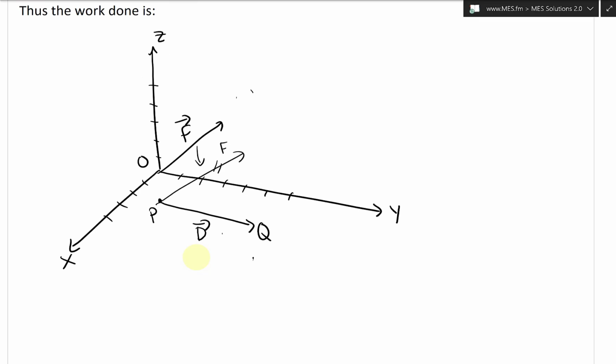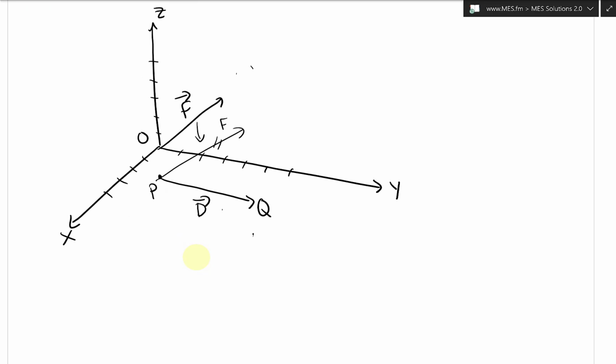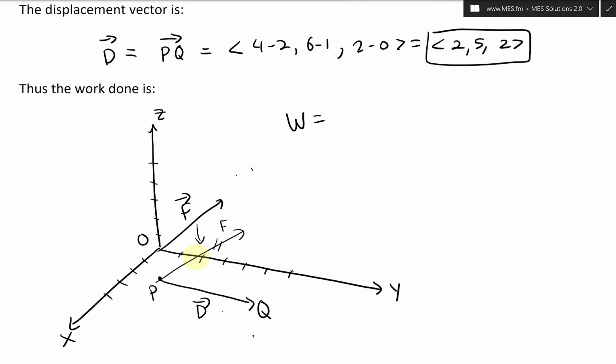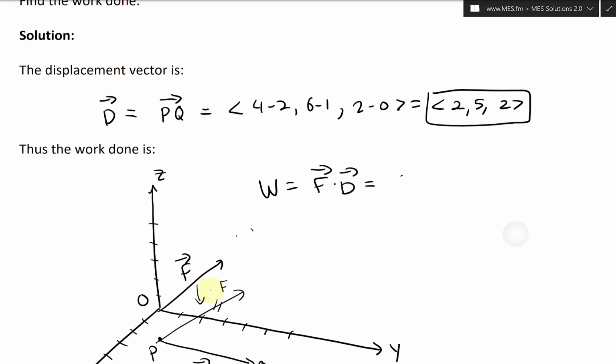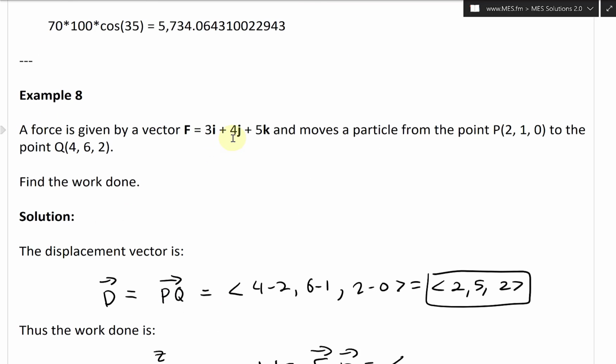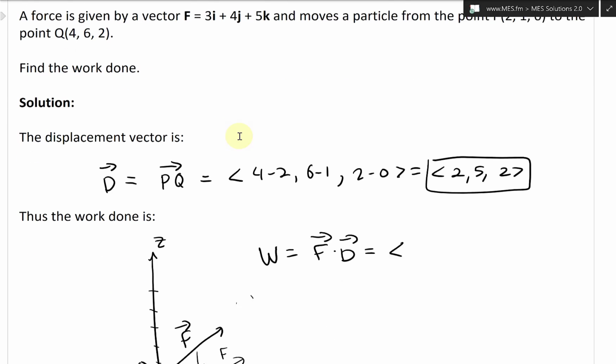So now we could just solve our dot product. We can do that right here. W equals the force vector times displacement vector, which equals, the force vector is 3i, 4j, and then 5k.